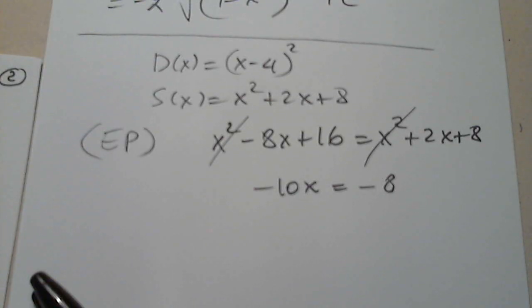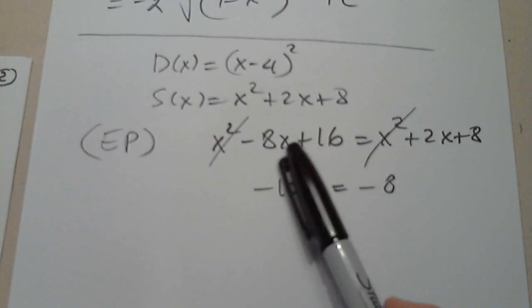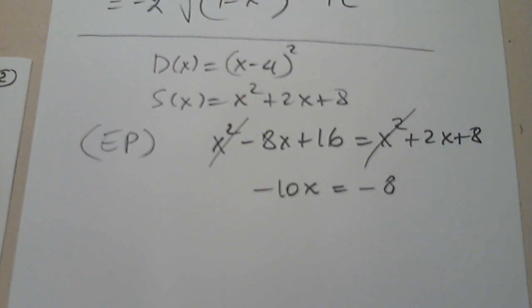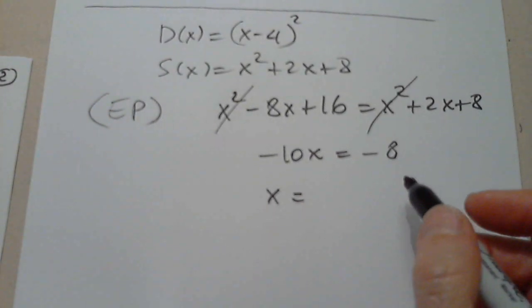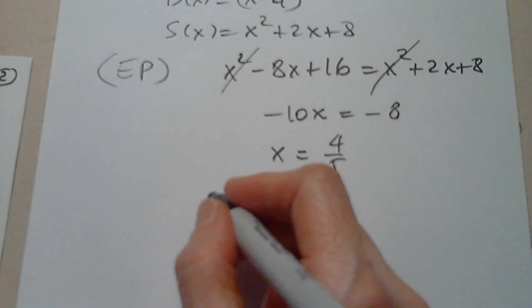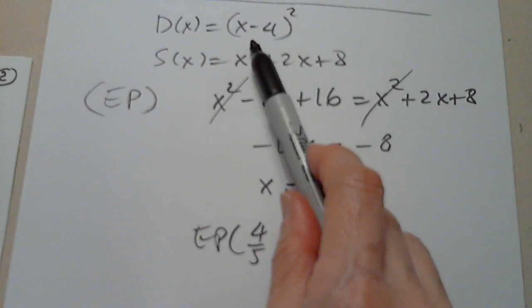Where is it? 480. Yeah, I copied it correctly. (x minus 4) squared, s of x. Oh yeah, okay, that's fine. It's correct. So one more time. Yep, okay. So 8, so it's 4 over 5. Fine. So the equilibrium point is 4/5, comma, and I have to plug it in.